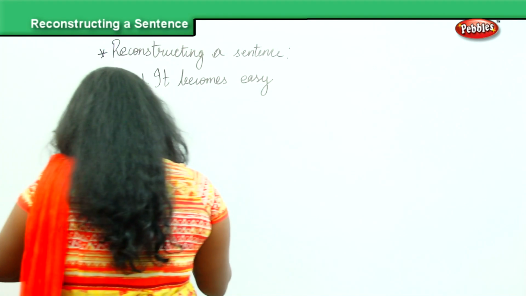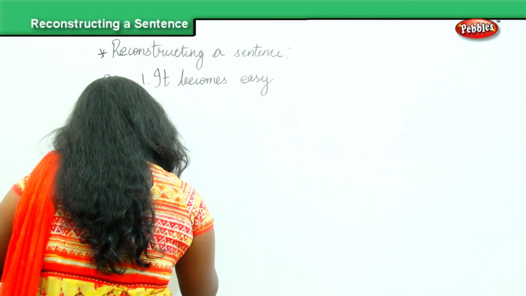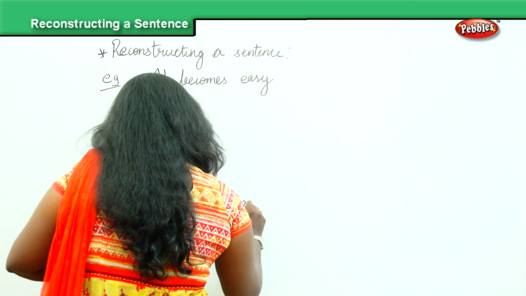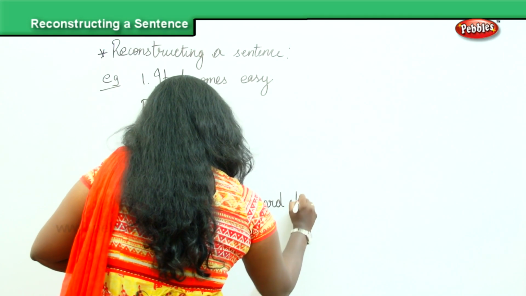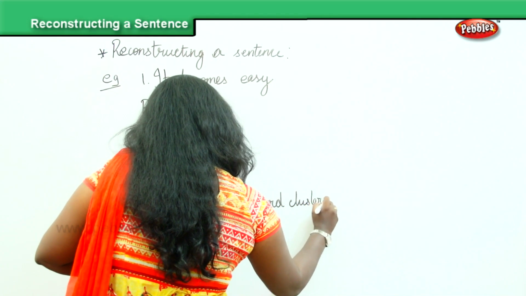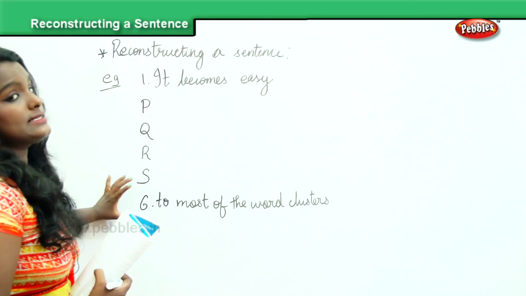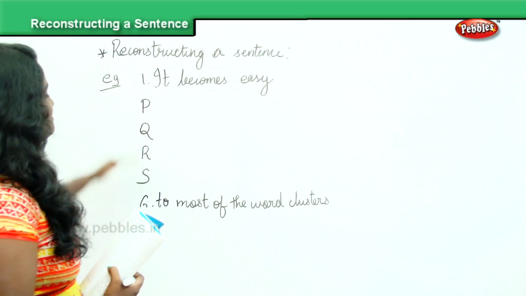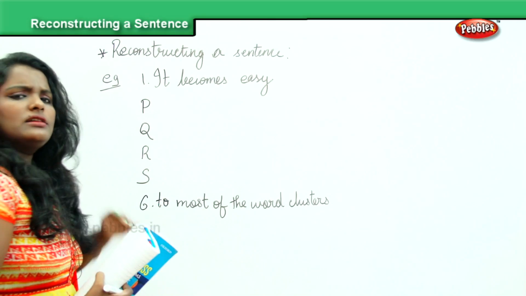The 6th sentence is: to most of the word clusters, right? Since they have given it to you like this, 1 and 6 are standard, they are in their place already, whereas P, Q, R and S are jumbled, right?